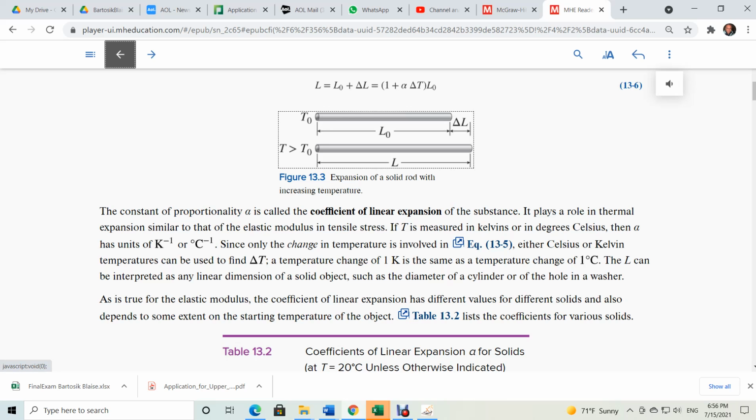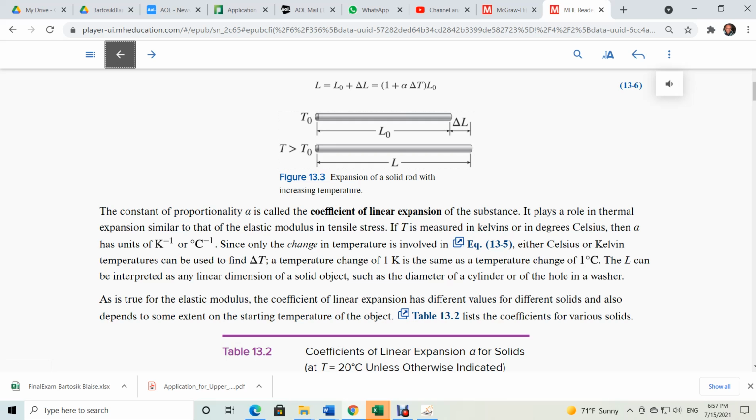Initially this rod has an initial length that we call L0. If we warm up this rod from its initial temperature to a final temperature T that's greater than T0, what's going to happen? It's going to increase its size a little bit.